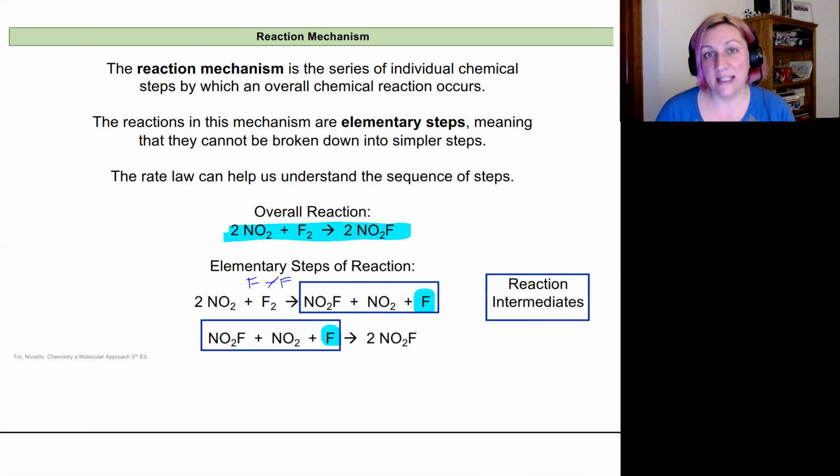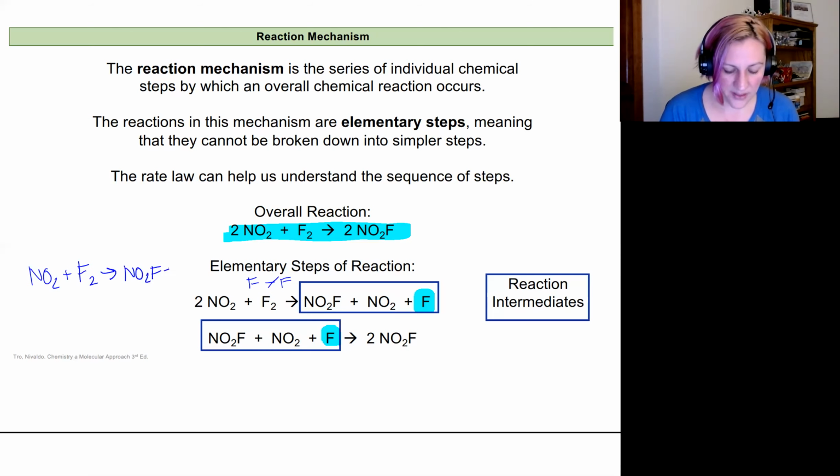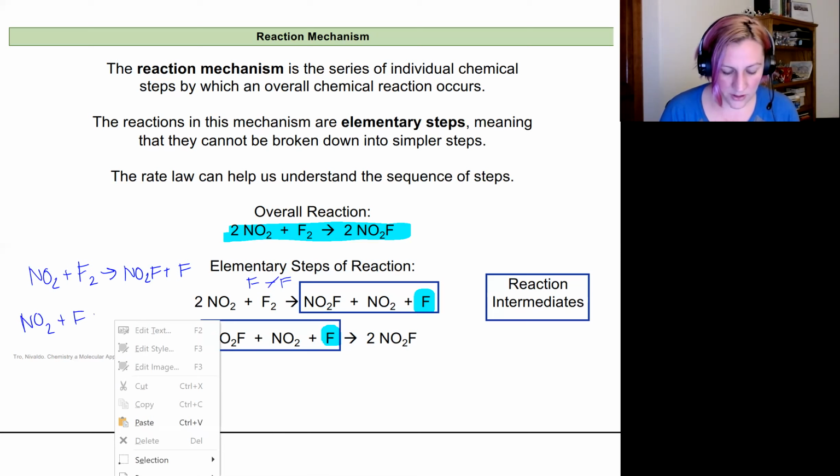A way that I think is a little more intuitive is that rather than having two of our NO2 and the F2 together in our reactants for the first elementary step, we just focus on the things that are actually reacting. So we have NO2 plus F2 forming NO2F plus F. And then that F atom is going to react with another equivalent of NO2 to produce another equivalent of NO2F.